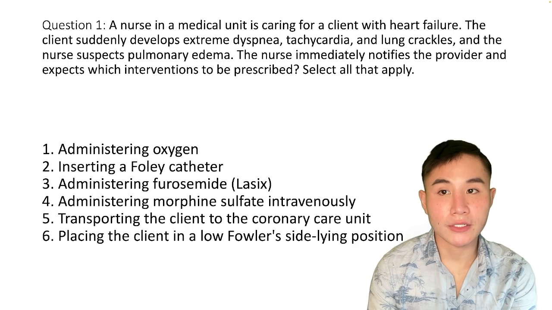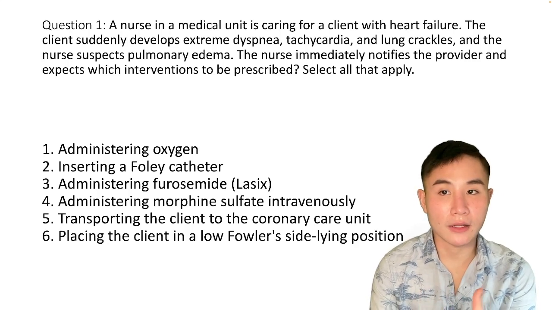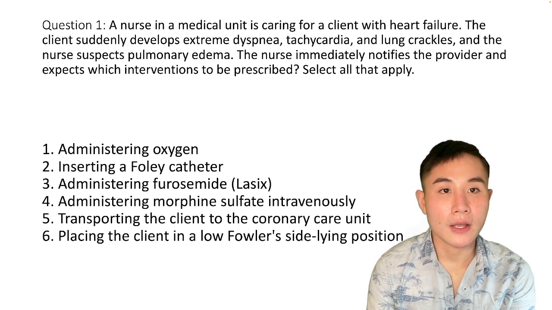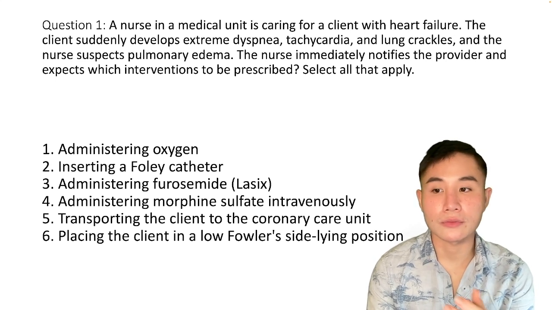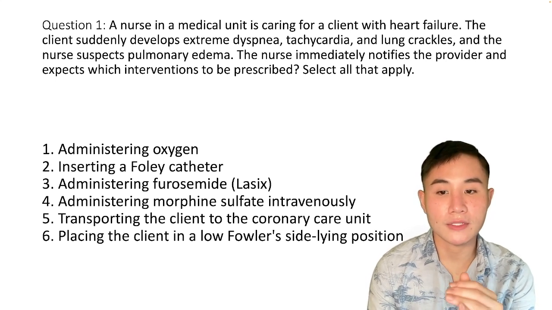And this patient is in pulmonary edema, which means the alveoli in the lungs are filled with fluid because of the blood backed up from the left ventricle. So I'm going to pick 1, 2, and then 3, administering furosemide (Lasix).